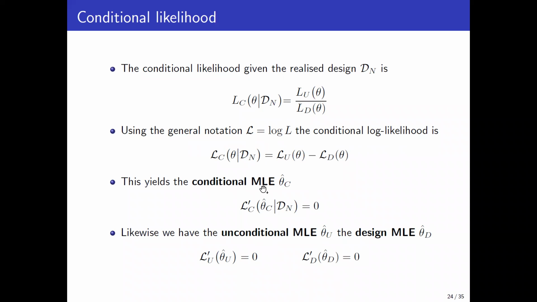The conditional MLE, which is based on the conditional likelihood, the unconditional MLE, which is just the standard MLE that we talked about earlier, and what we'll call the design MLE, which is just the maximum of the design likelihood function or the associated score function. So I've got three different estimates here, all of which are based on different elements of information contained in the sample: the design information, the outcomes given the design, and the overall information combining both components.